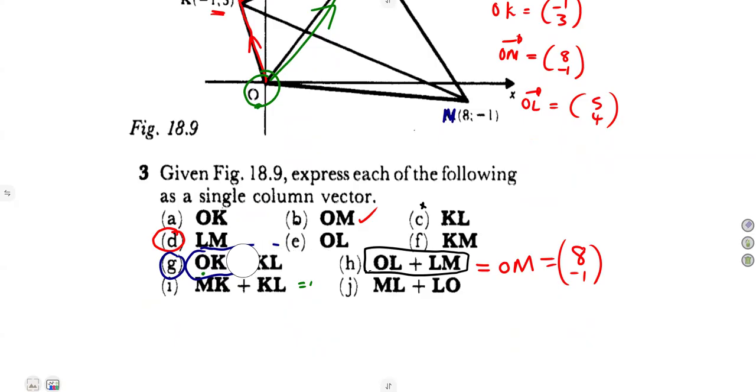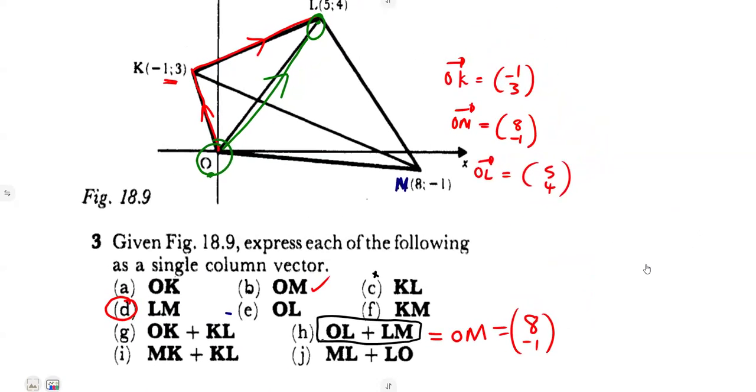Okay, so it is just a matter of understanding what you are given. So just also try to apply it on other questions. Let's see here, what are they asking here? From this one, that's MK plus KL, from M to K, like this.